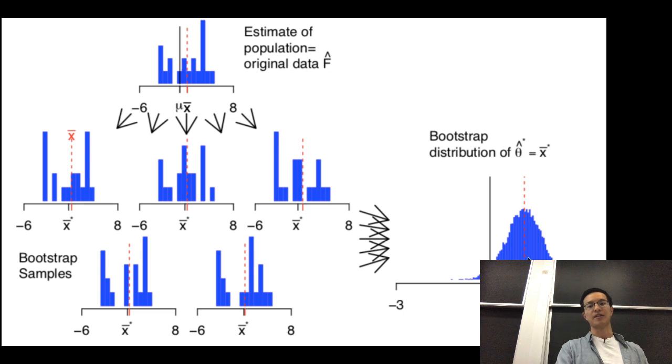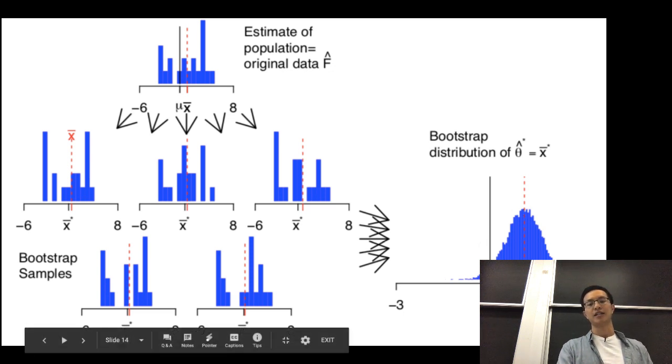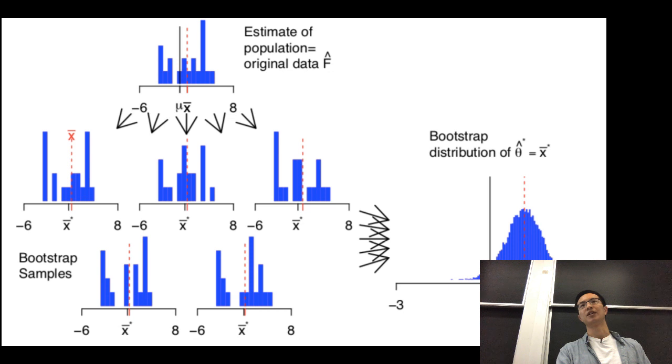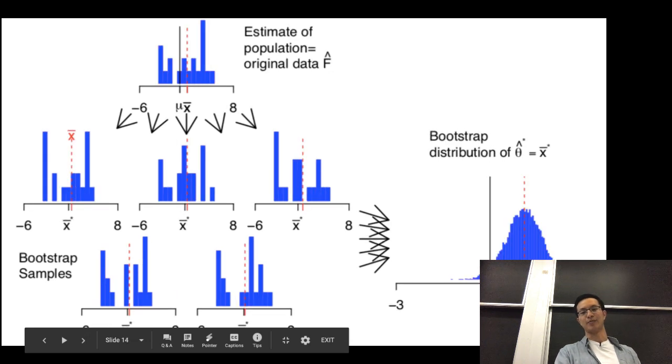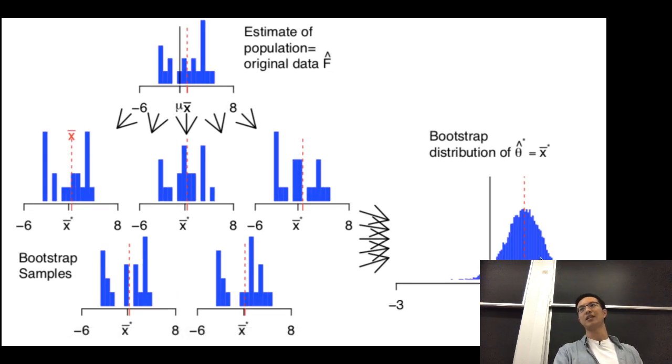There is some discrepancy, but the important part is that even though the center is not exactly right, the spread of this distribution looks like the spread of the one before. I'm going to go back a slide. There, here's the spread, and here's the spread. The key thing to note is that what we're really interested in is the spread.